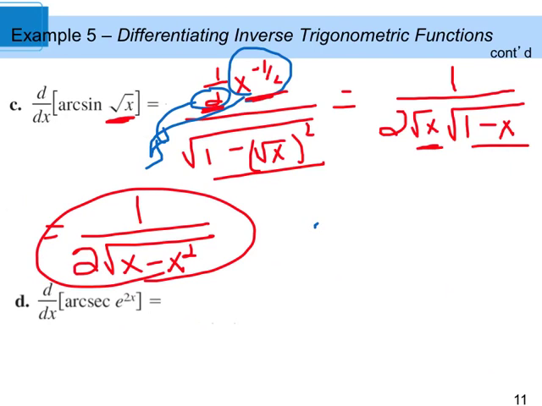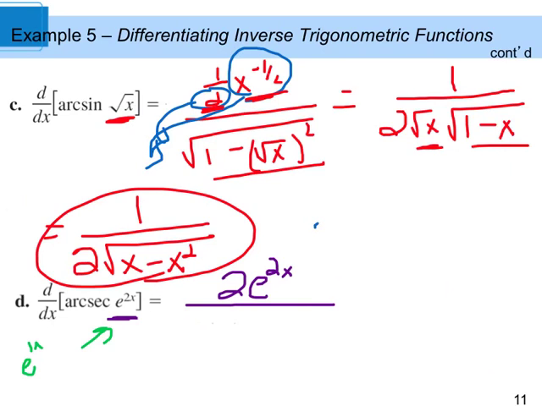Okay, next one, look at your formula for arcsecant. Now, we're going to do u prime, but be really careful because u prime here is the derivative of e to the 2x. When you're considering e to the 2x, you want to think of that as an e to the u, because the derivative of an e to the u is u prime e to the u. So the derivative of e to the u goes on top, which is e to the 2x times the derivative of 2x.